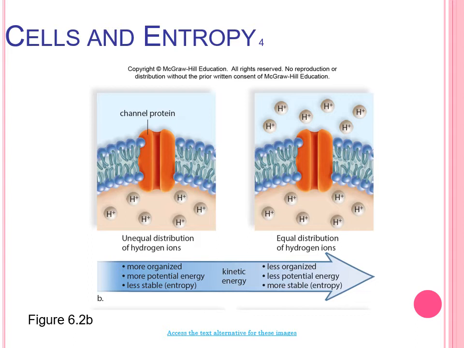And so we go from a very orderly system where all the protons are on one side of the membrane, on the inside of the cell, to where now we have an equal amount of distributed protons on the inside versus outside. And so you're moving to an area of less organized, more disorder, and so our entropy has increased.